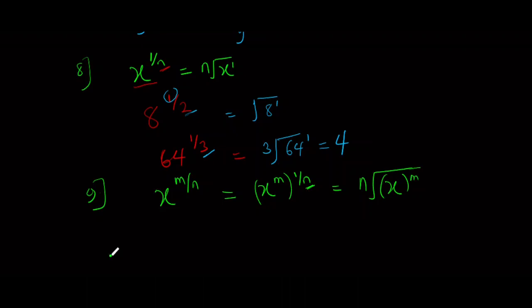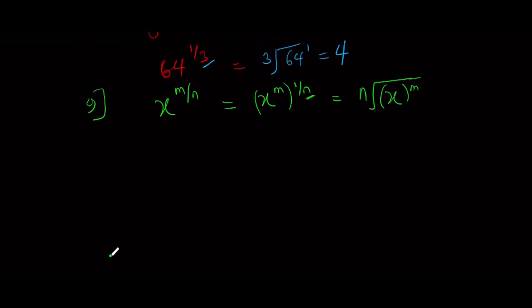Let's take a look at an example here. We have 64 raised to power 2 over 3. I can simply write it by saying 64 raised to power 2 times 1 over 3. And that can follow the 8th law and be written as 64 raised to power 2, everything in brackets, to the power 1 over 3.